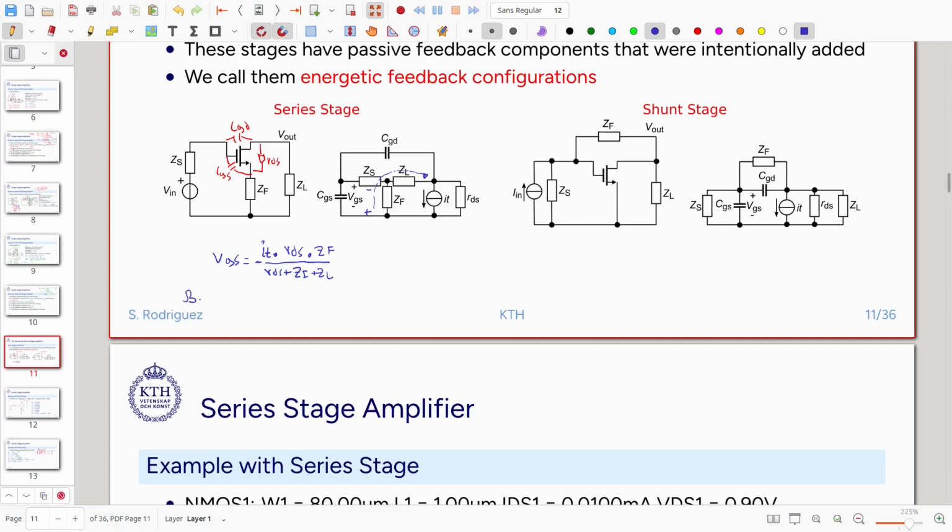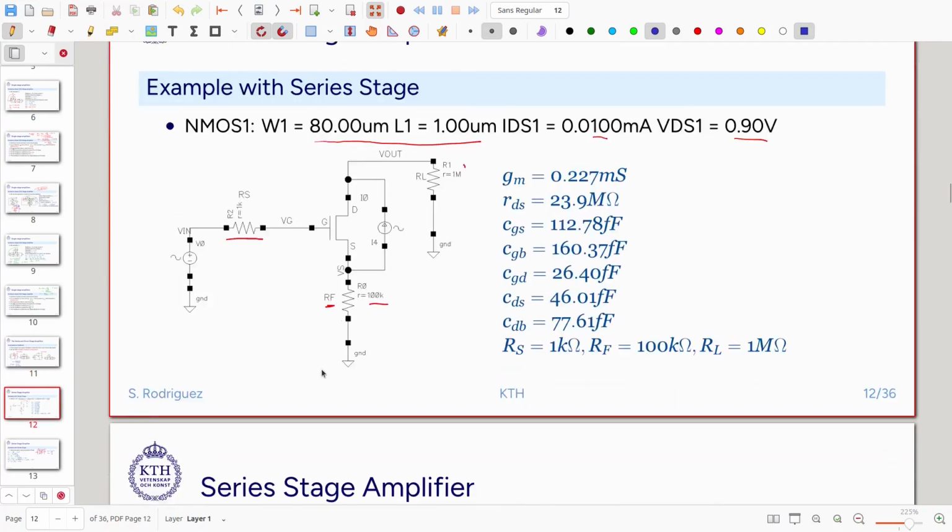Also, the beta factor, VGS divided by IT, will be equal to RDS ZF divided by RDS plus ZF plus ZL, and yeah, then that will be all the calculations.